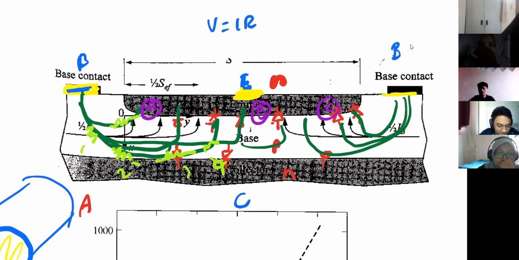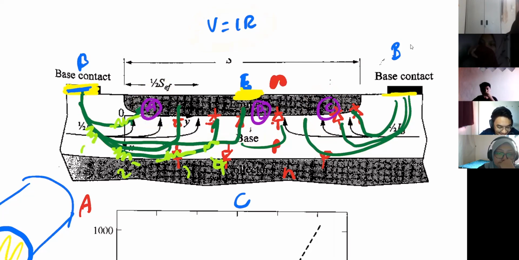When you increase more of the voltage, more loss will occur in the base, and therefore more current will go to A and C. So the effect is even worse at higher voltages because you lose more voltage drop over here, because voltage drop is V equals IR.